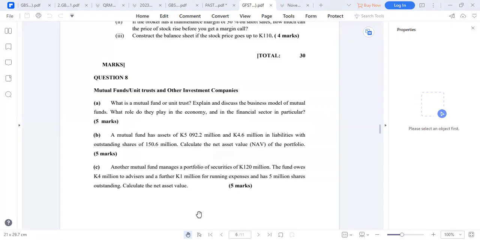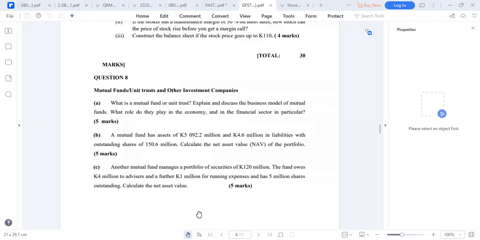A mutual fund of 5,000 million and 4.6 million liabilities outstanding of 150 million. Calculate the net asset value in the portfolio. Another mutual fund manages a portfolio of 120 million. The fund owes 4 million to advisors and another 1 million for running expenses, and has 5 million shares outstanding.